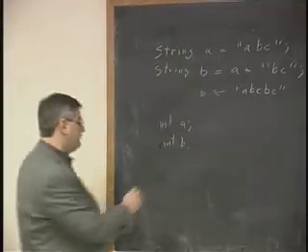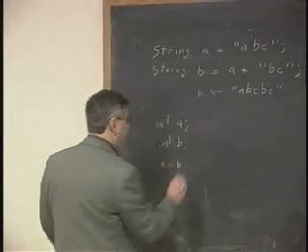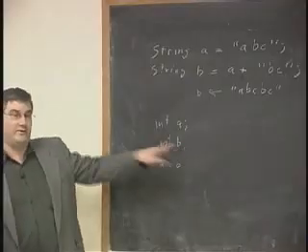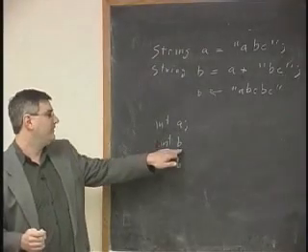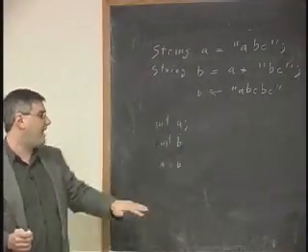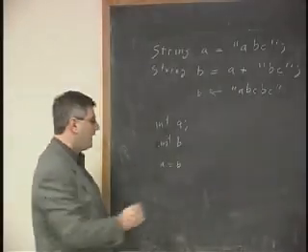And if you say A equals B, it basically copies the value that's in the variable space for B into A, and so does an assignment.